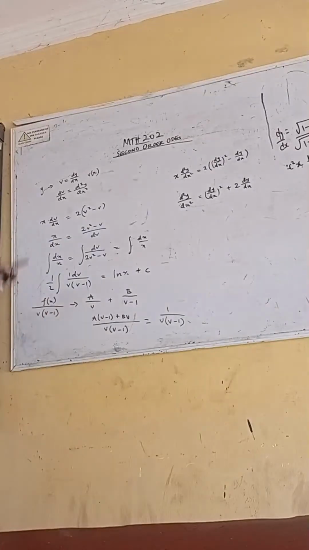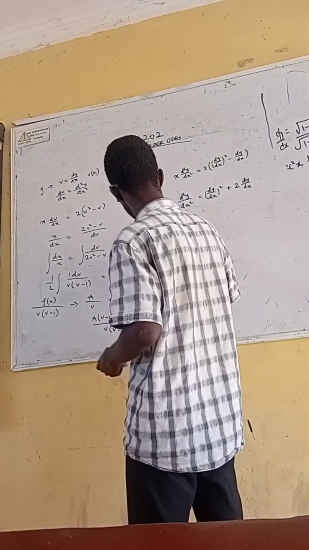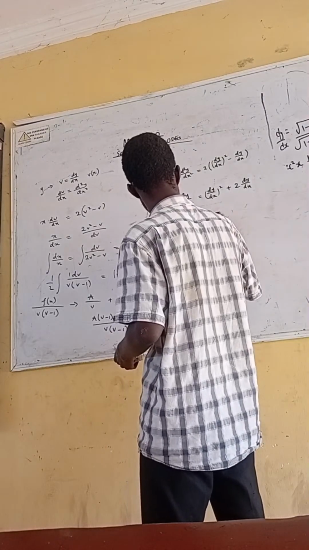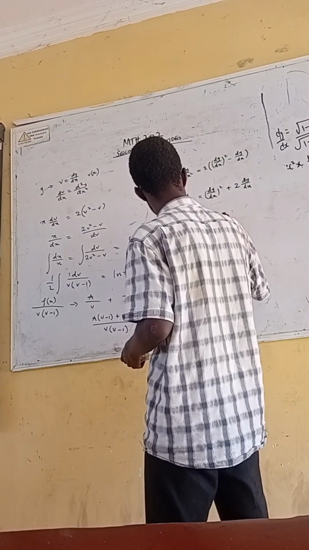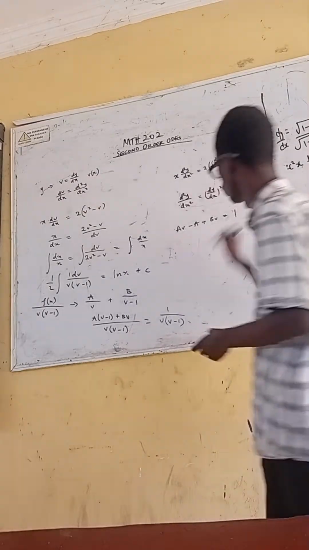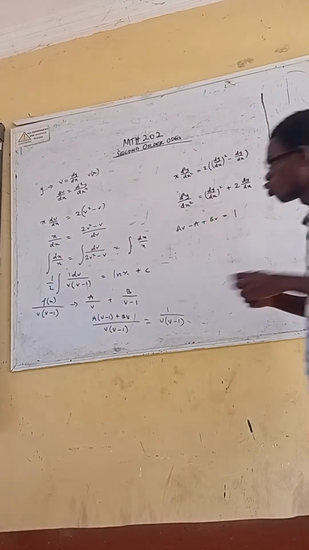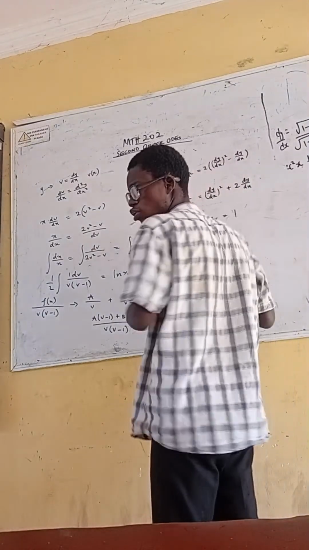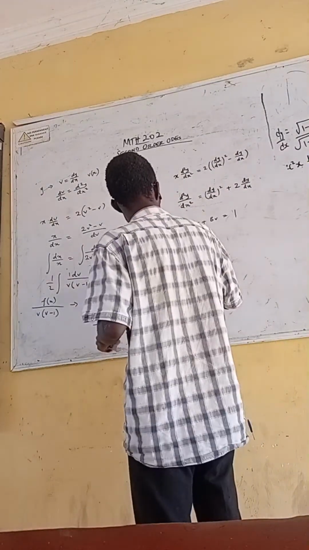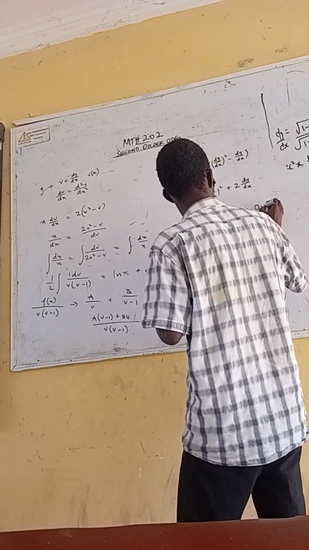So it means the top must be equal to 1. Let's open this: AV minus A plus BV must be equal to 1. We bring those terms that are functions of V. There's no V on the right, so it's the same as writing plus 0V.